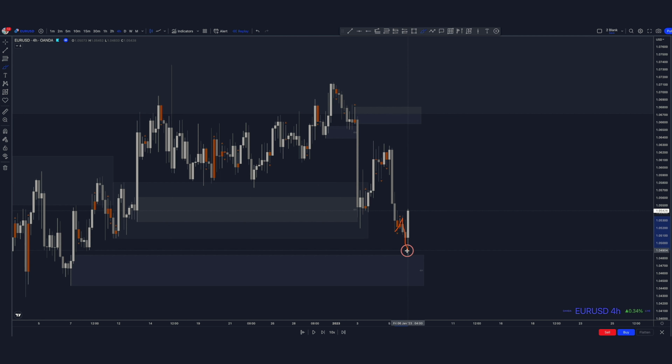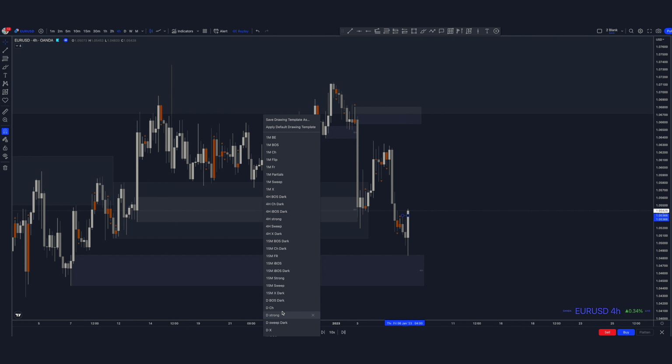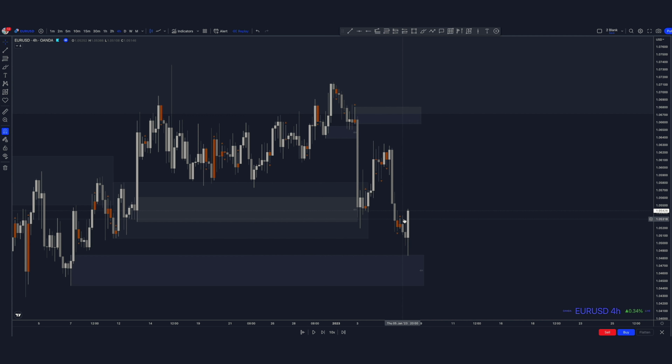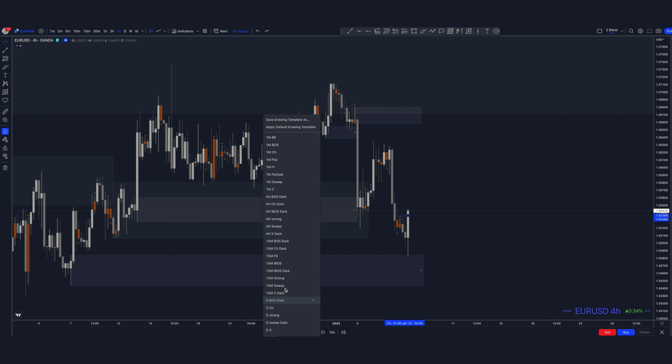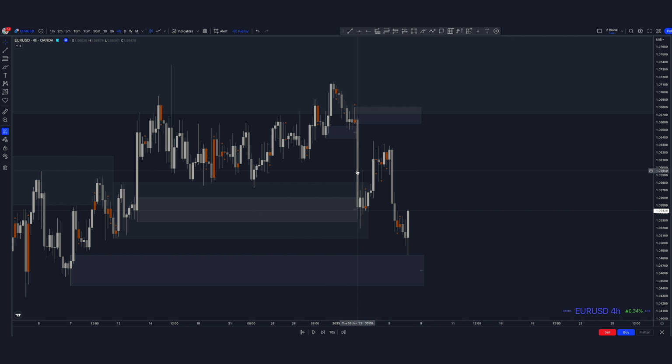So we had a pullback here, a break, and now we have a chalk onto the upside. So we had a daily chalk. Let me see, daily chalk here. Oh, sorry, 4 hour chalk. Sorry, guys. 4 hour chalk. So now we had the 4 hour chalk to the upside.